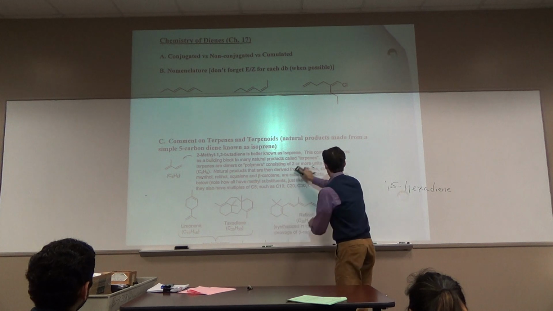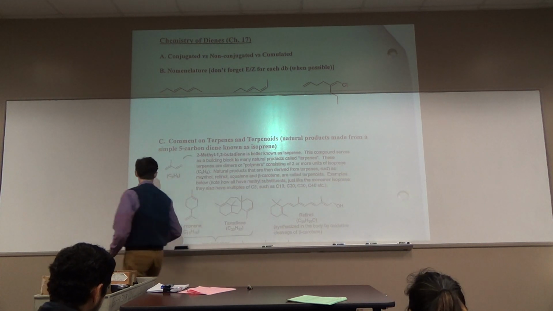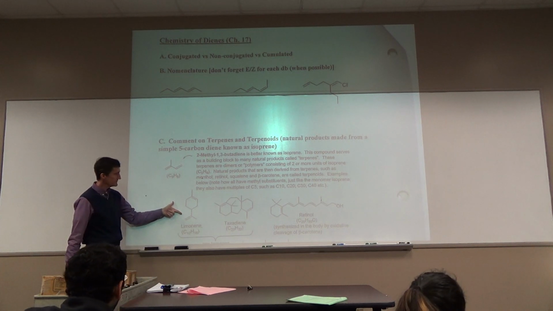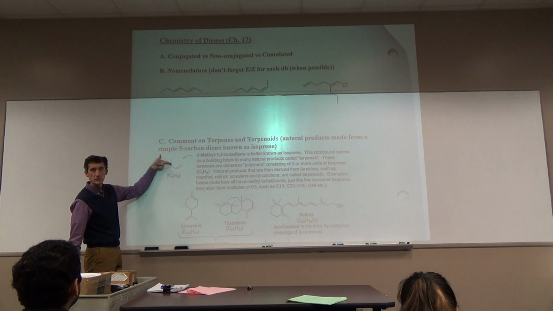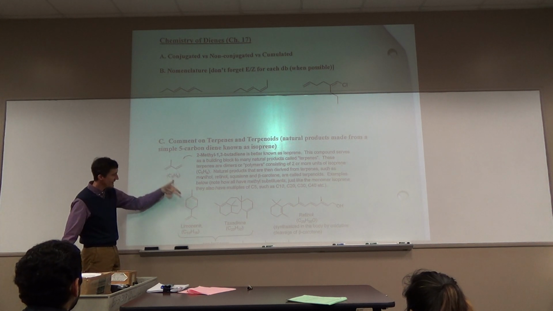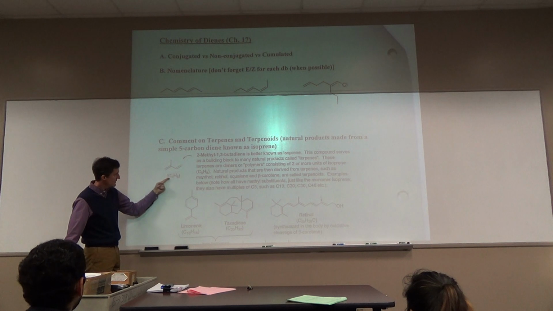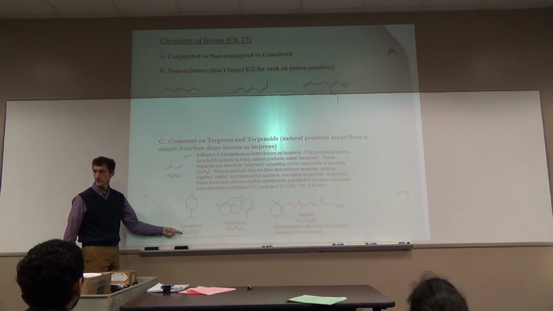Lots of different compounds out there. Limonene is made from isoprene units, and it is a polymerization. Now, it may not be a huge polymer. In fact, this is only a dimer. C5H8, the formula has been doubled.